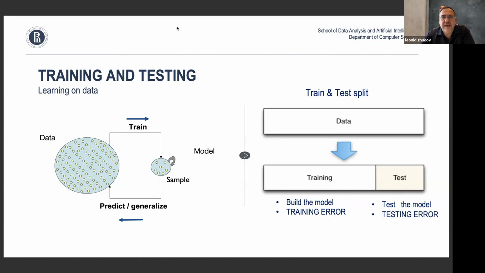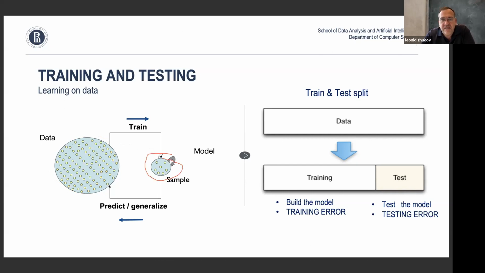But now, again, remembering that, where did I go? Right, so this is the data that exists in the world. That's the data that the data scientist has. And the data scientist has to train the model and test the model on the data he has.